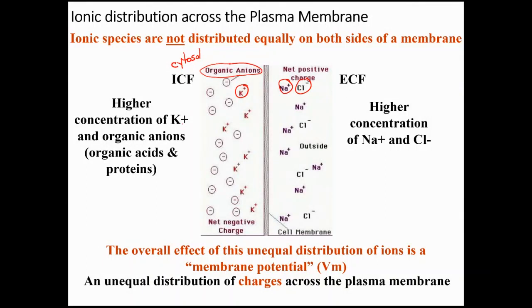So higher concentration of potassium and organic anions, like organic acids and proteins, on the inside. Outside is mostly sodium and chloride. The overall effect of this unequal distribution of ions is actually referred to as a membrane potential, an unequal distribution of charges across the plasma membrane.